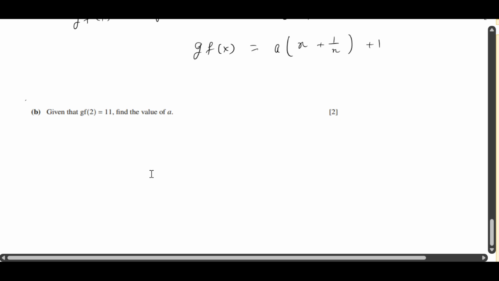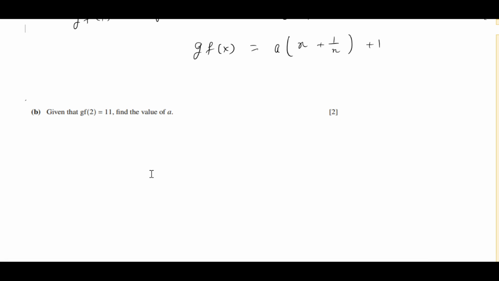When the questions are like a, b, c, d, in most cases your problems are related to the previous one. Like here, when I am solving the b part, it is related to the a part. So g(f(2)) is given as 11. You have to find the value of a.